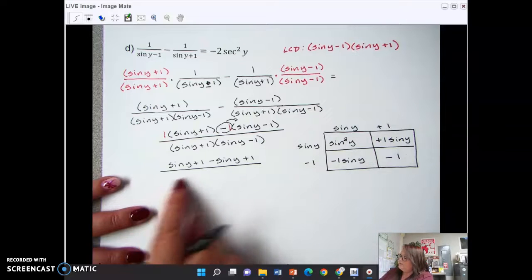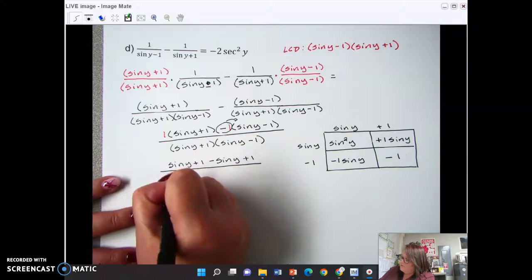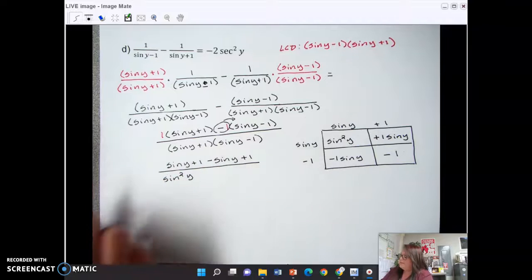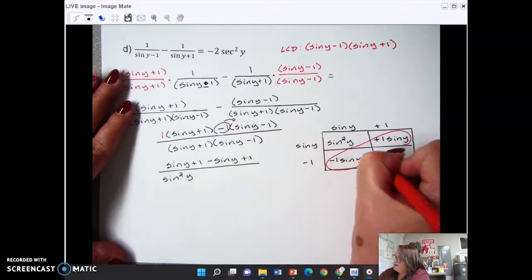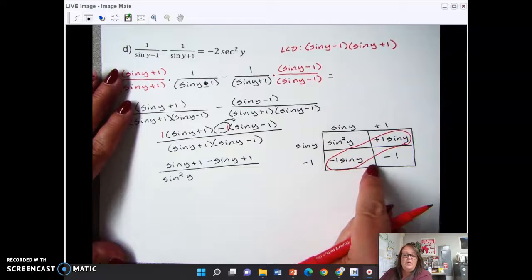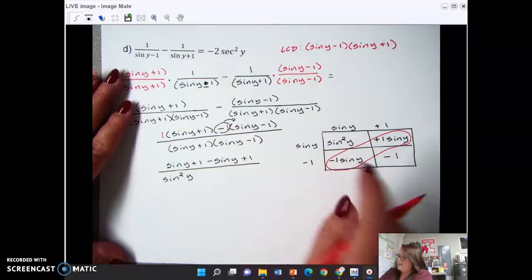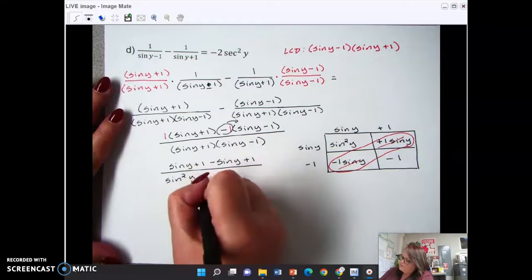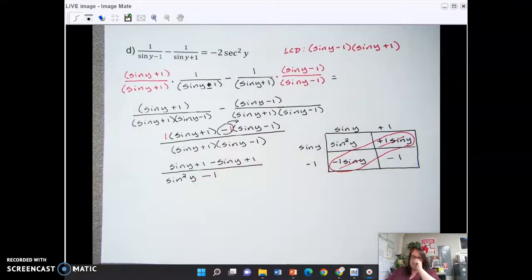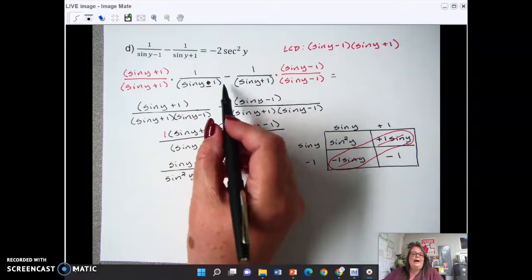So when I go to bring that over here, that means that I have a sine squared of y. And then you'll notice when I look at my two middle terms, they are like terms. They both have sine of y, but one's positive and one's negative, so they actually cancel each other out. So I'm left with sine squared of y minus 1. So again, my eye on the prize.